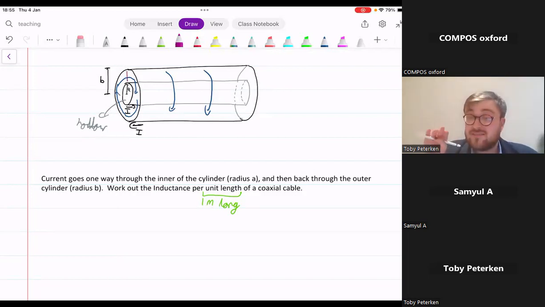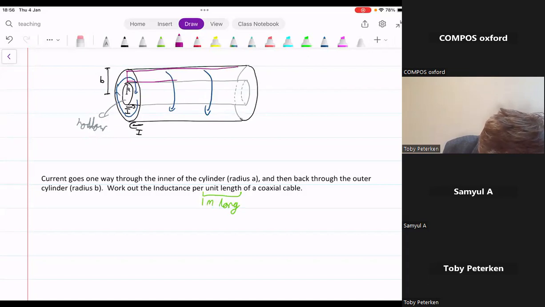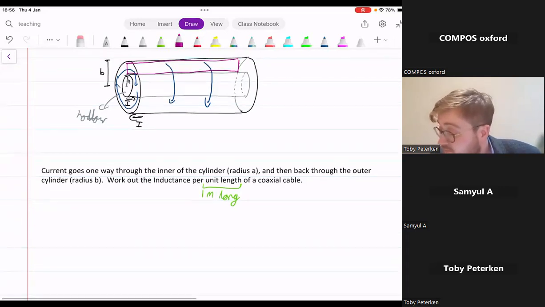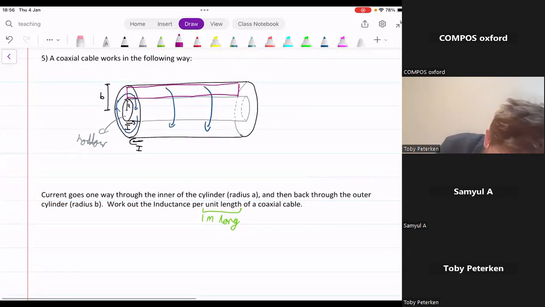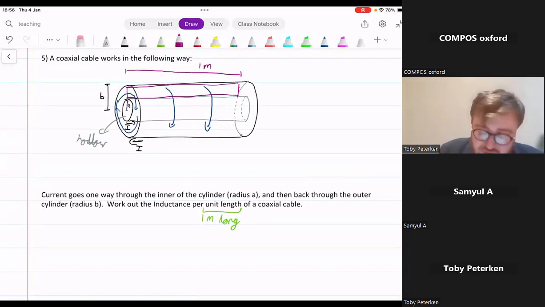And the flux is magnetic field going through a surface, or an imaginary surface usually, and through a loop. But our loop is going to be, here's the top wire, here's the bottom wire, surface is like this. Its length, 1 meter. I want it unit length.